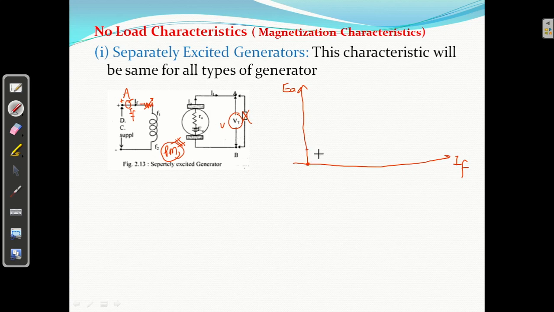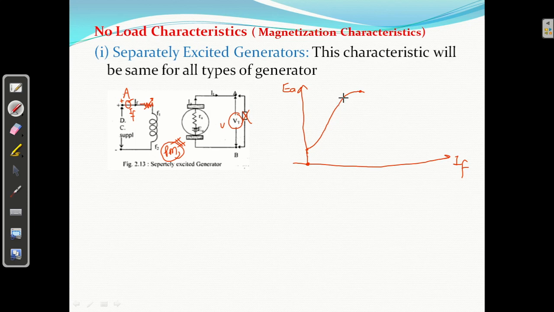Okay, now we will close this, decrease this resistance. When you decrease this resistance, field current will increase, so flux will increase, generated voltage increase, and this will follow this characteristic. Like this. Okay, and it will go up to this voltage.